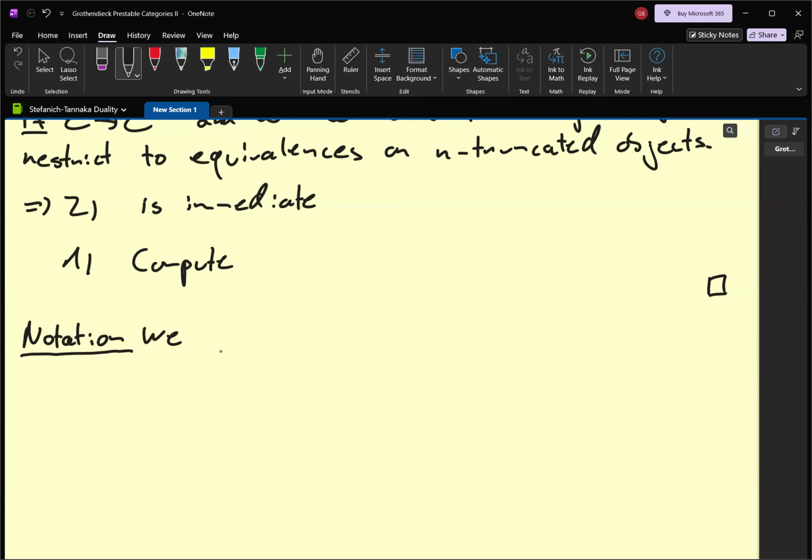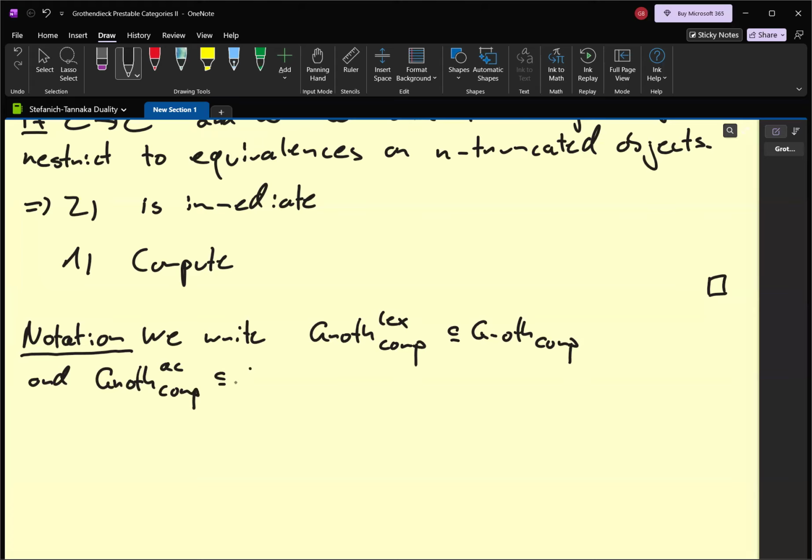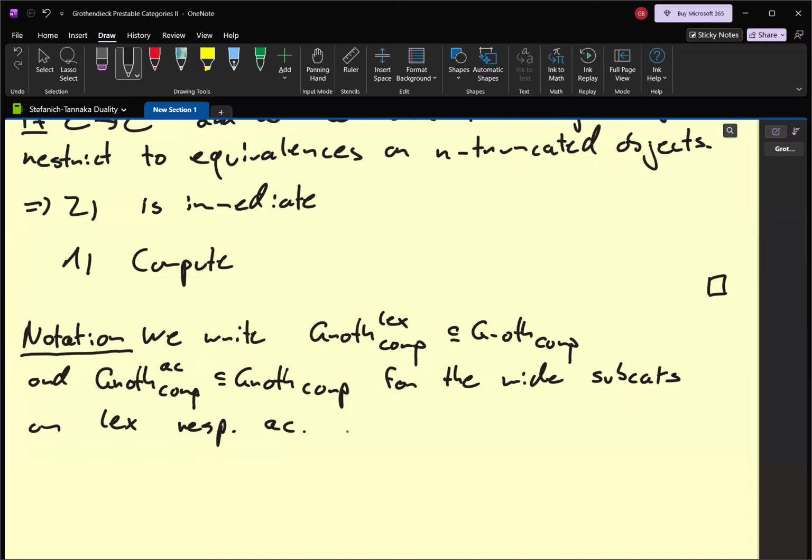So we write this for the wide subcategories on Lex, respectively, almost compact morphisms.